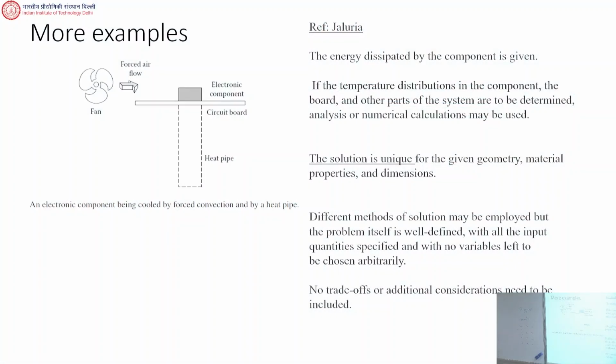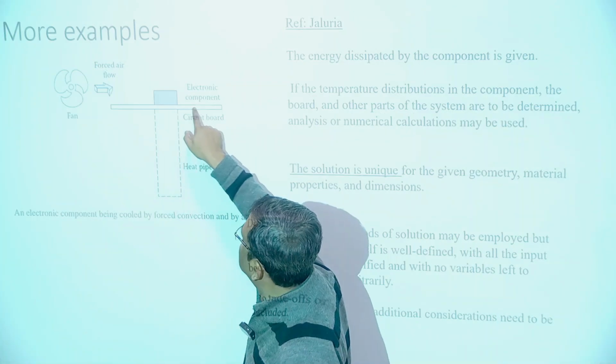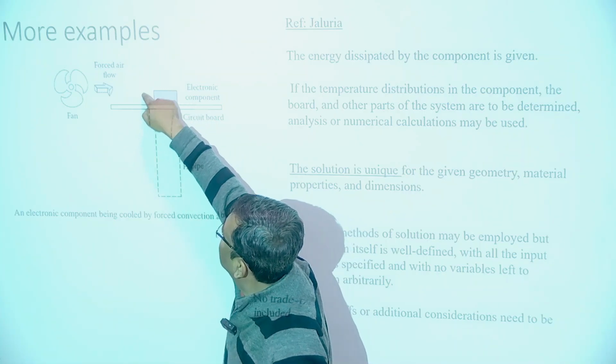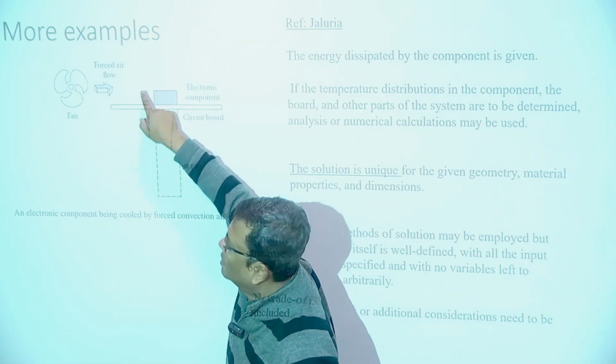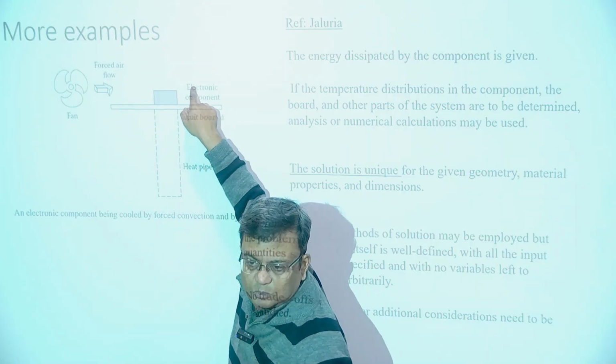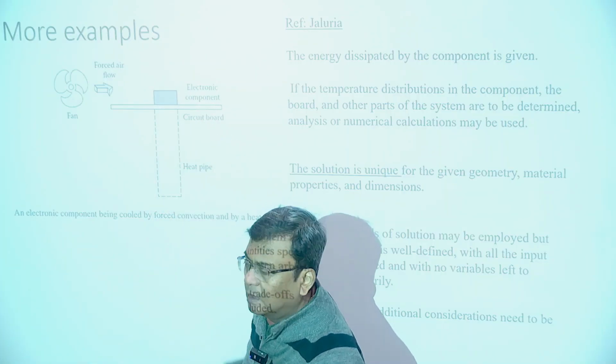Problem meaning what? You can write governing equations and solve those to say what will be the temperature distribution here, and what will be the velocity profile of air around the component. You can get everything.